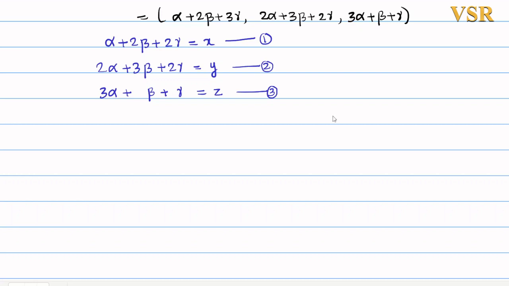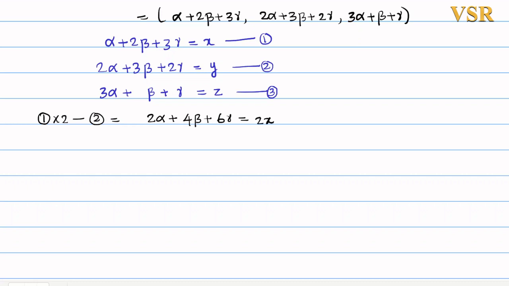First, multiply the first equation by 2 and subtract the second equation from it. Multiplying the first equation by 2, we get 2 alpha plus 4 beta plus 6 gamma equals 2x.